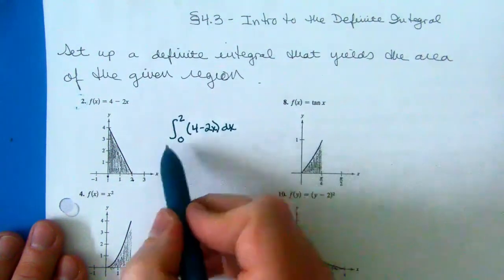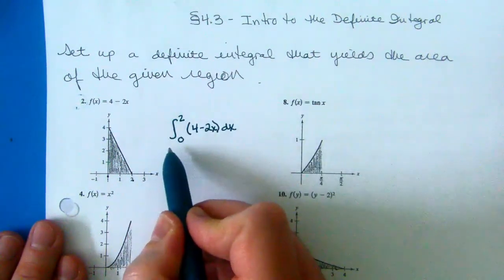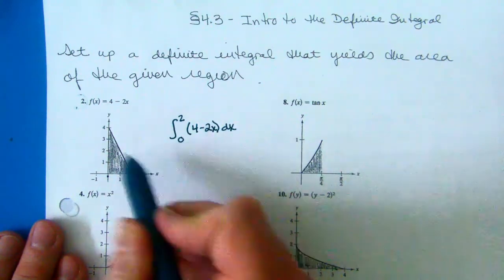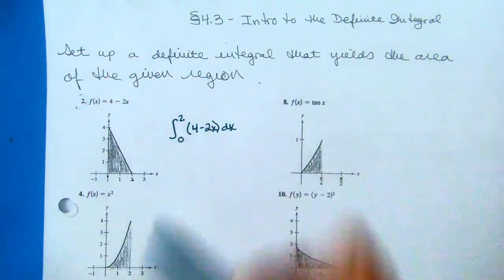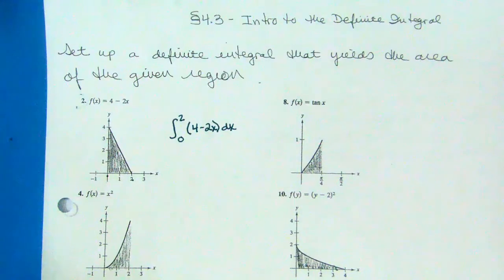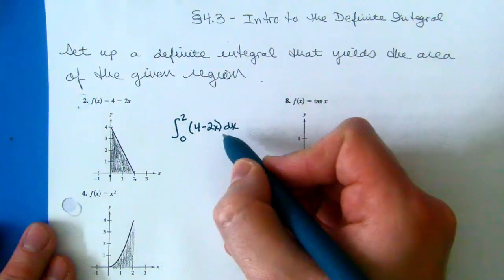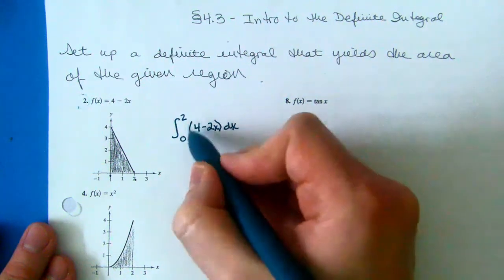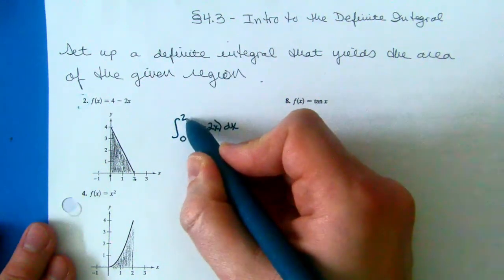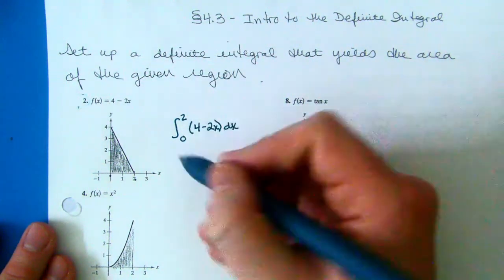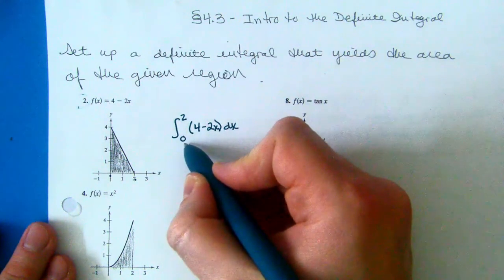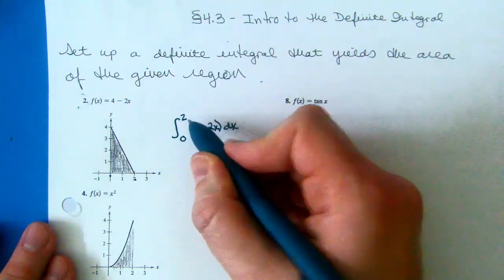I don't know how to actually figure this out right now, but if I did, the answer would be the signed area of that region. And I would read this as the integral from 0 to 2 of 4 minus 2x dx. Again, I call 0 and 2 my limits of integration, and 0 would be my lower limit of integration, and 2 would be my upper limit of integration.